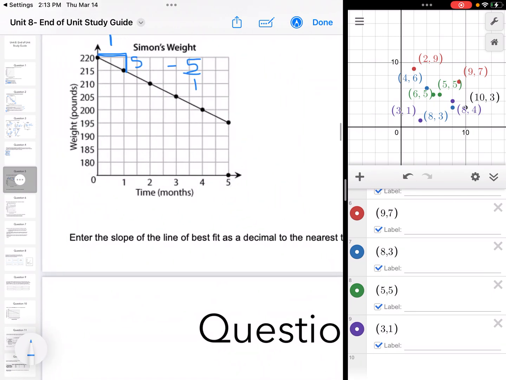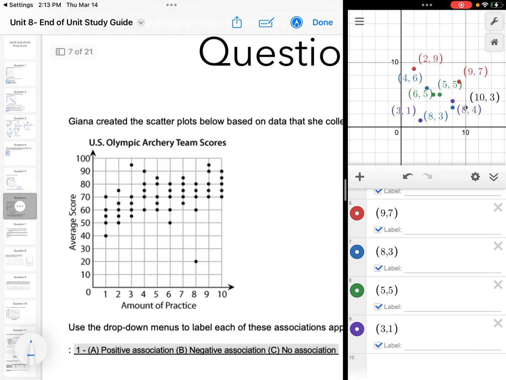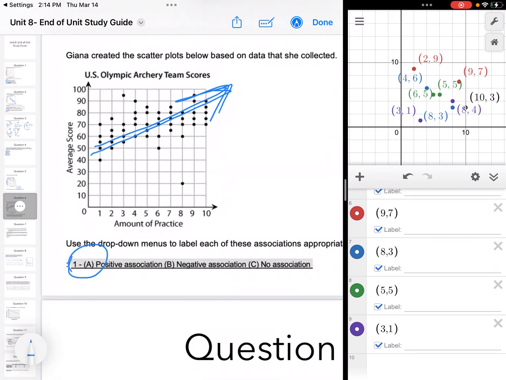So my answer would be -5 as the slope. All right, we need to decide, is this a positive association, negative, or no association? Well, it looks like it's going up. So I'm going to go with a positive association.